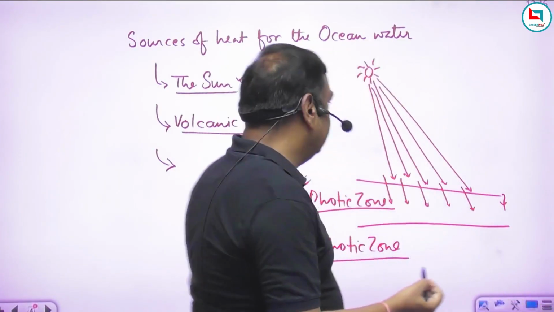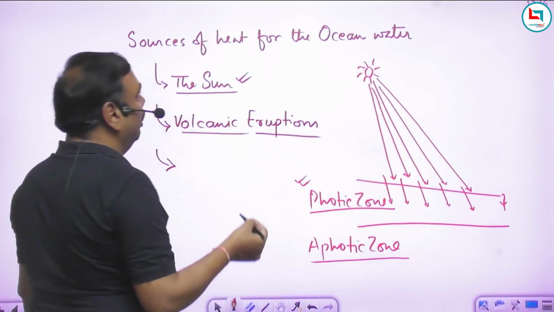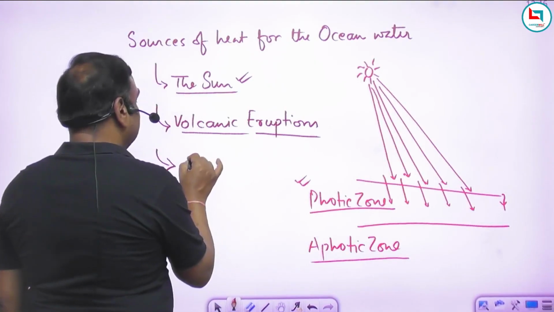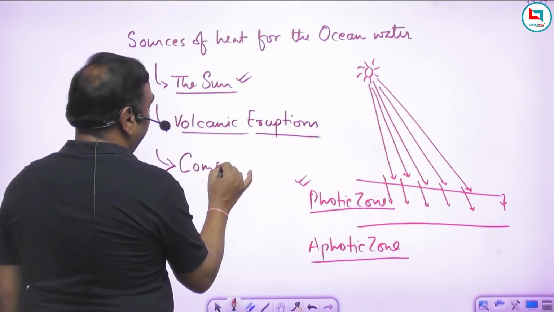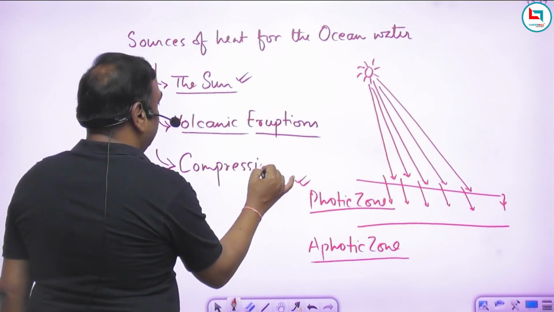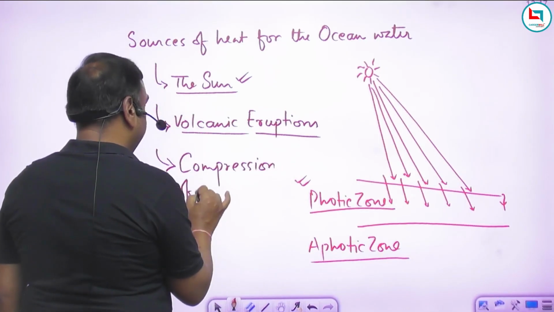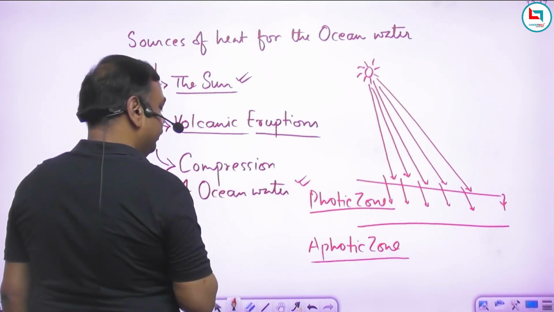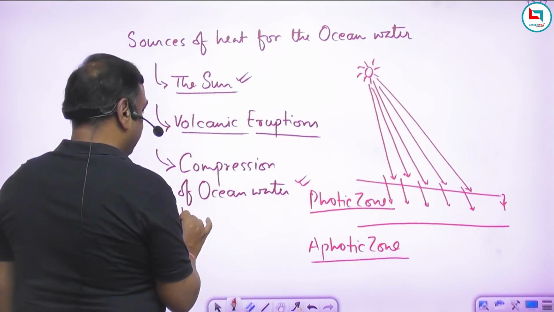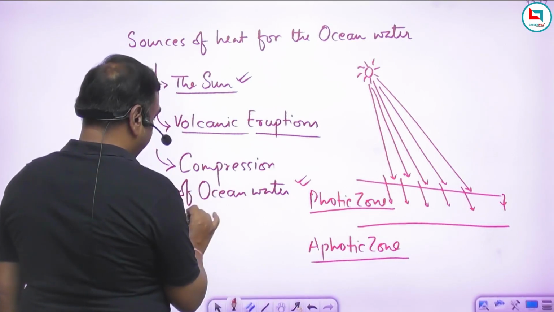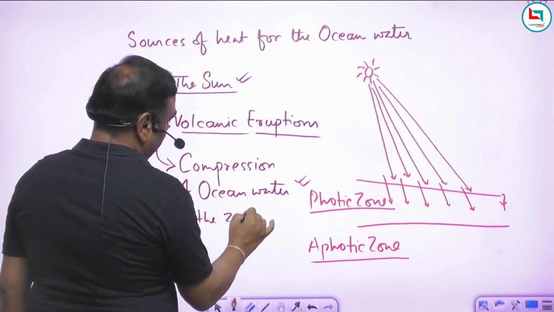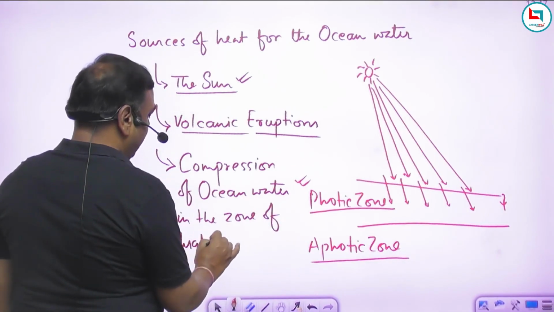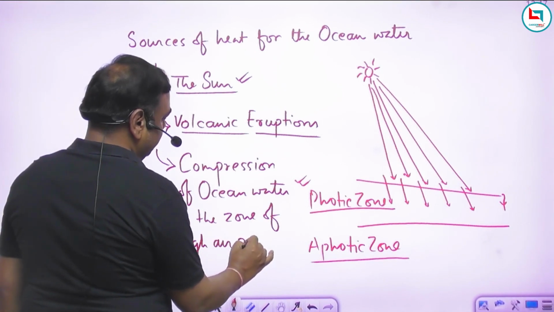By this process, the ocean water gets heated up in a particular region, and that is called compression of ocean water, or sea water, in the zone of high pressure, or high air pressure.